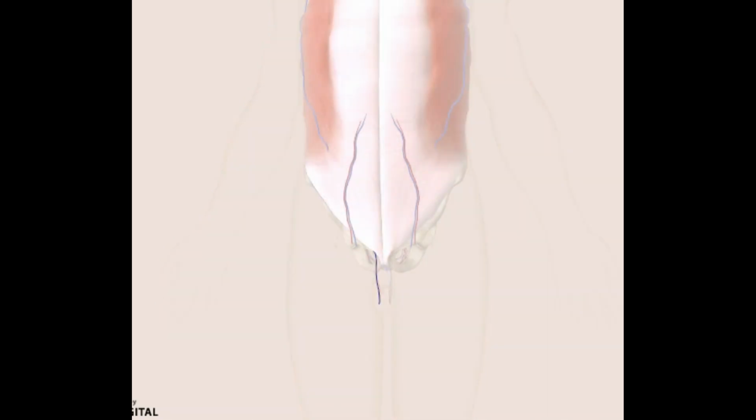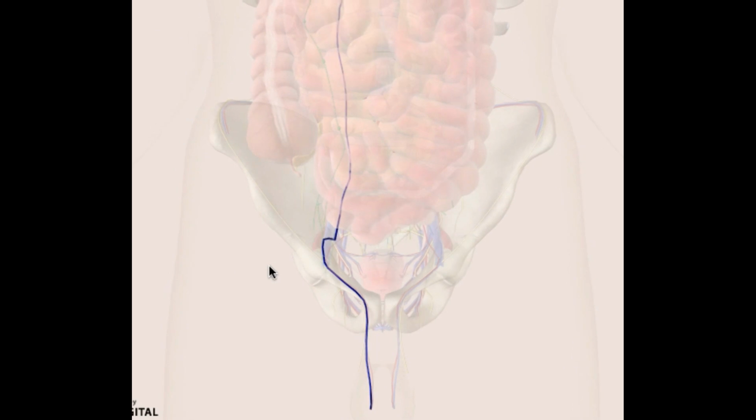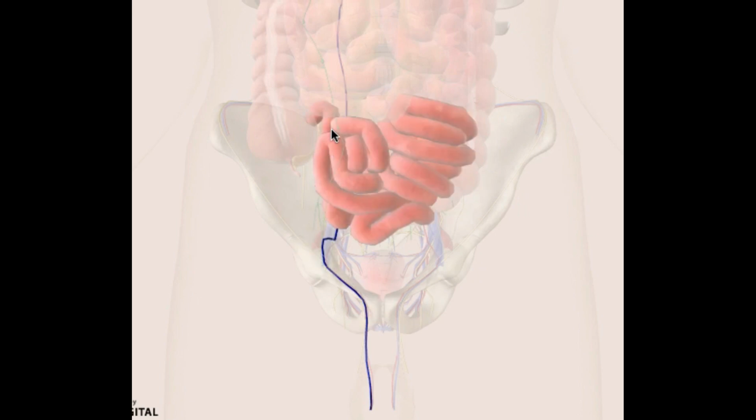As I remove the layers, we're going to focus in this video on the right testicular vein, and I'm just going to zoom in a little bit. So here's the right testicular vein as it drains the blood from the right testicle. It courses inside the pelvis.